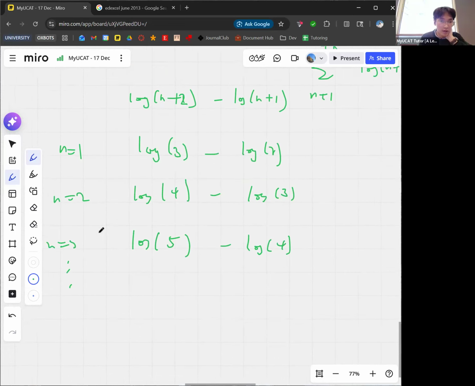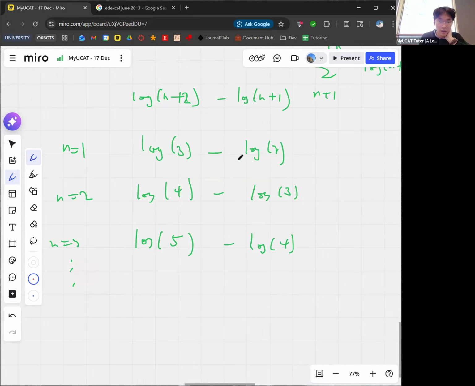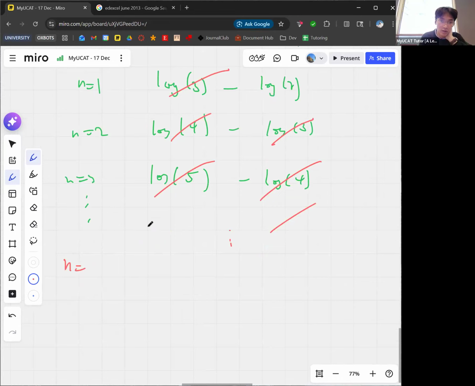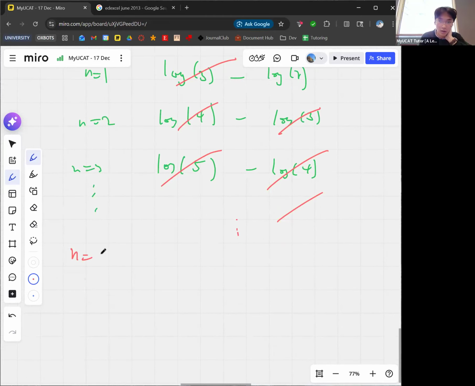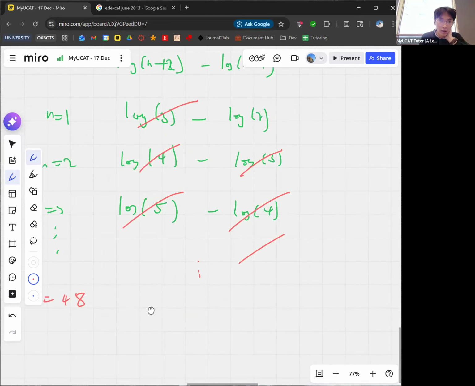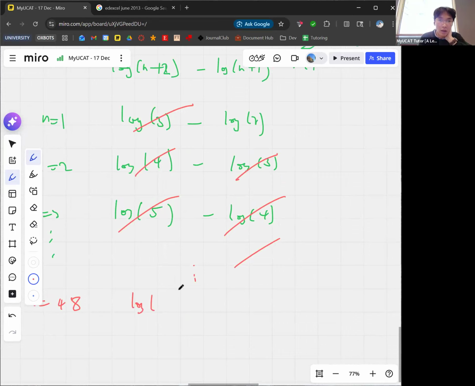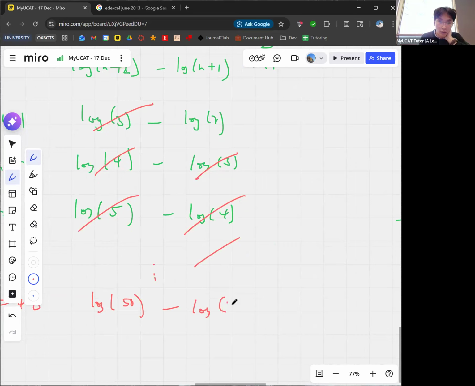You'll realize that they cancel out. So log 3 cancels out with this because you're adding all of these up: log 3 minus log 3, log 4 minus log 4, log 5 minus log 5, and so on, until you get to the last value, which is n equals 48. And you get log of 50 minus log of 49.